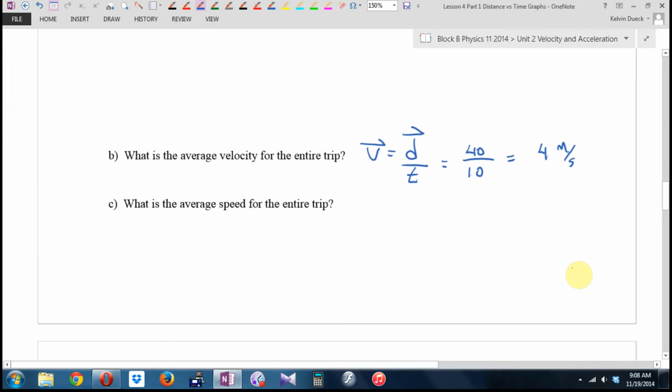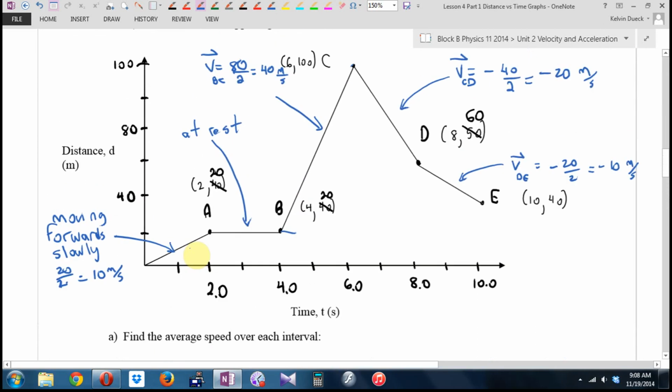What was my average speed? Well, speed, which is v without a vector symbol, is distance, which is d without a vector symbol, over time. Distance asks, how many steps did you take when we had Alexa walking back and forth the other day? Or distance would be, if I look at the graph, how far do I travel going forwards?